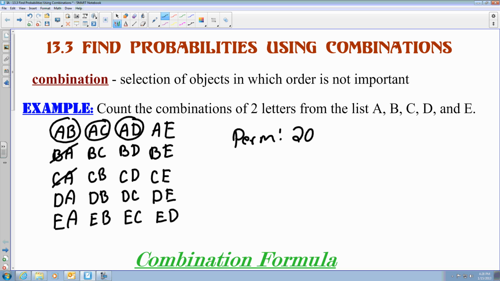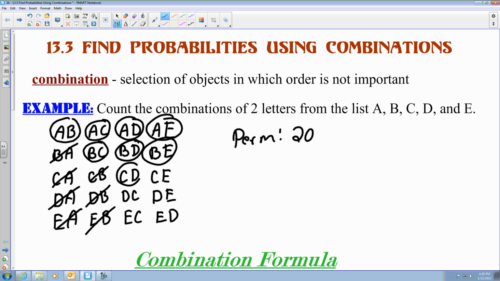We got AD, that means we don't need DA. We got AE, that means we don't need EA. We got BC, that means we don't need CB. We got BD, we don't need DB. We have BE, that means we don't need the arrangement EB.